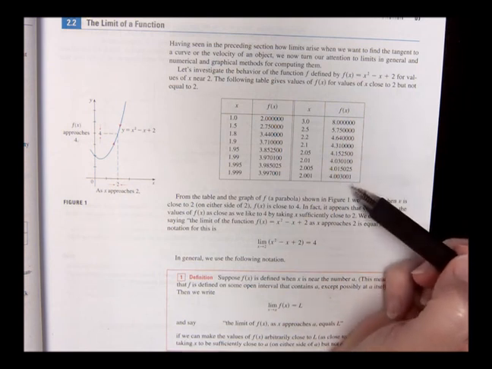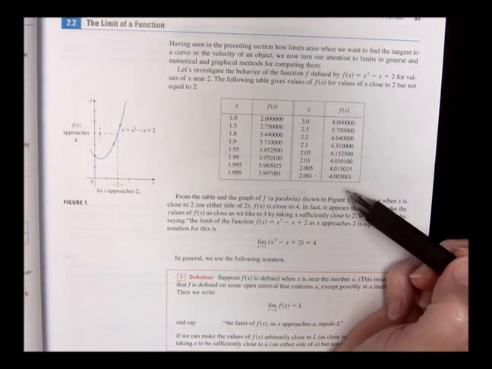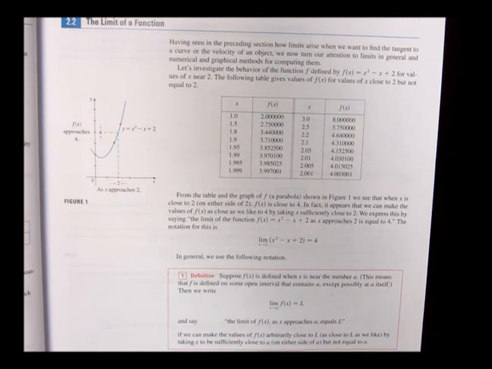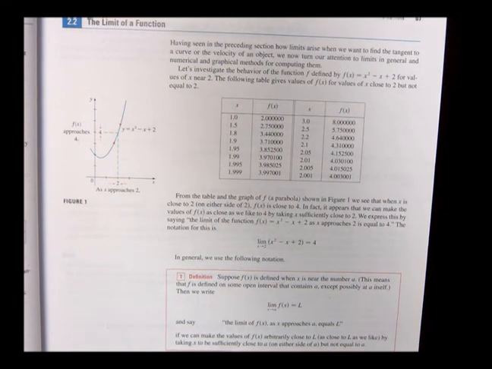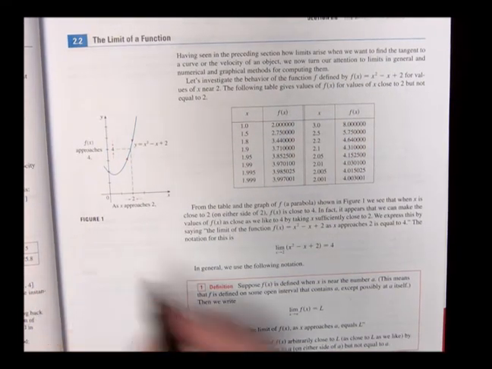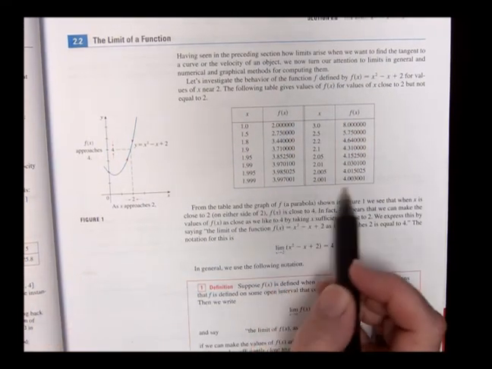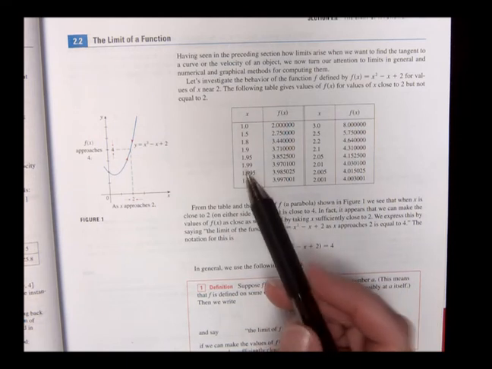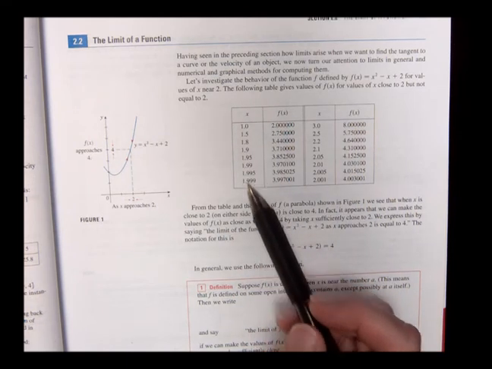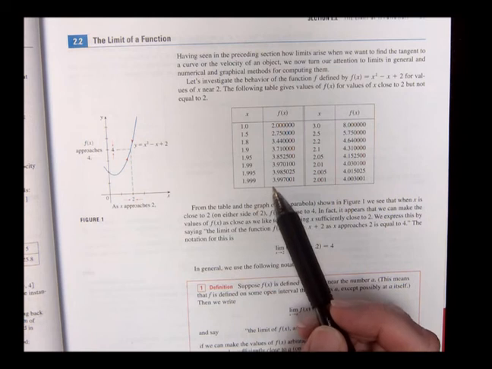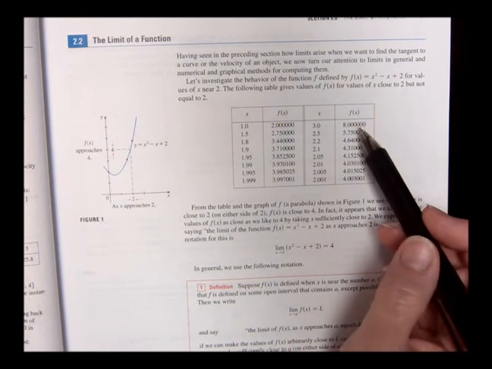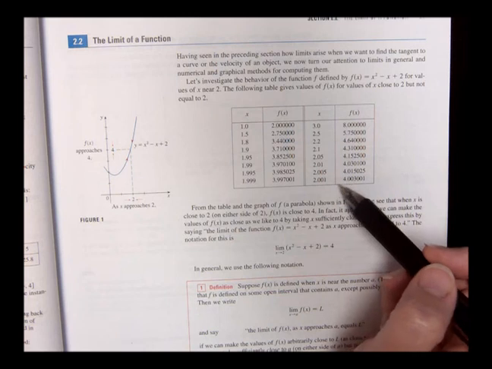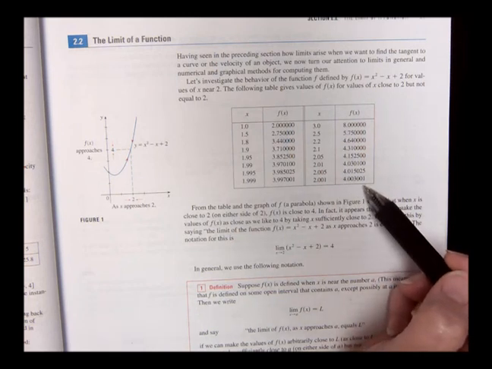So the bottom line of the question is, is there a certain value that both of those get closer to? Okay, so when we look at both sides, we can see that when it's coming from the left, it gets really close to 4. And when it's coming from the right, it also gets really close to 4.